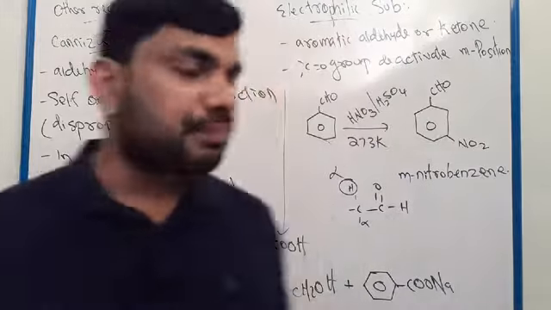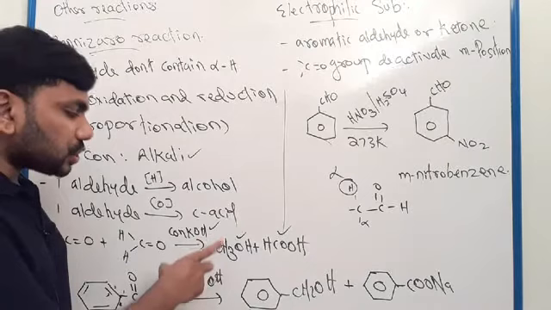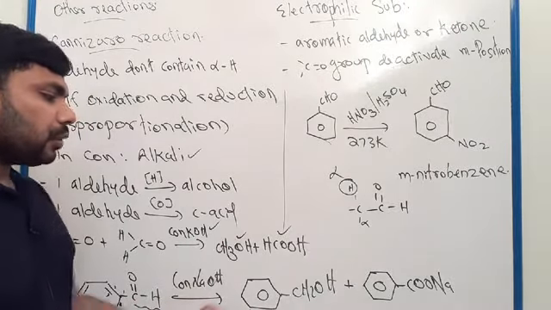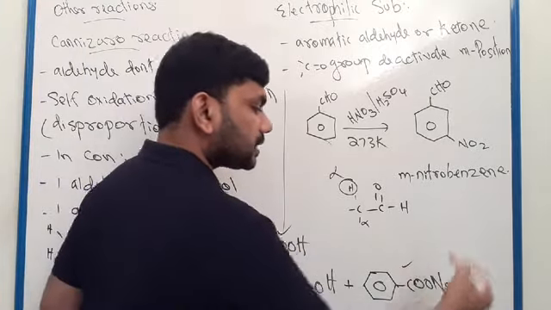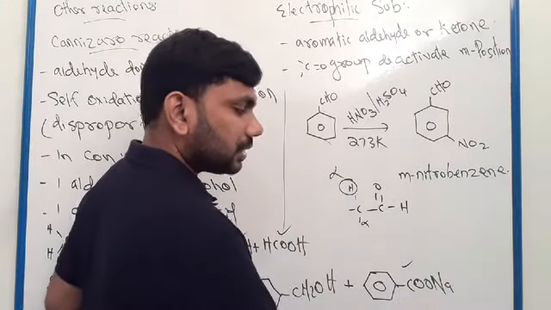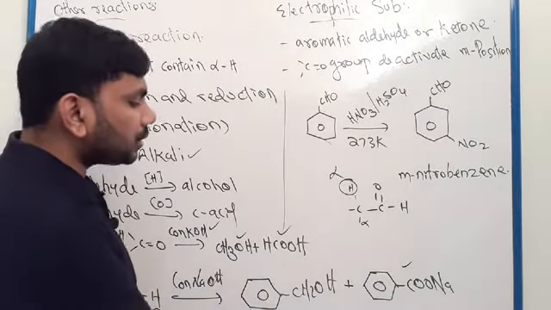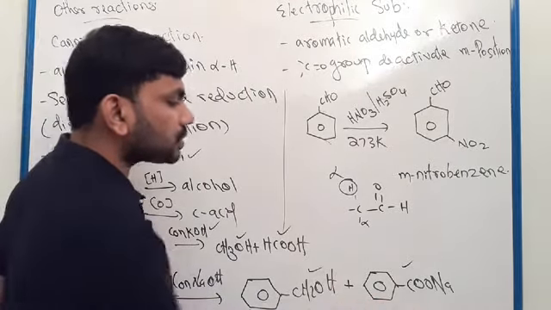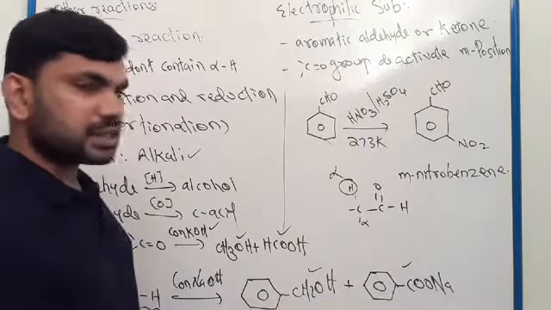Two molecules of benzaldehyde in presence of concentrated alkali, concentrated sodium hydroxide. One is alcohol and one is sodium salt of carboxylic acid, sodium benzoate, and this is benzyl alcohol. Alcohol and carboxylic acid are formed. So here reduction and here oxidation takes place.